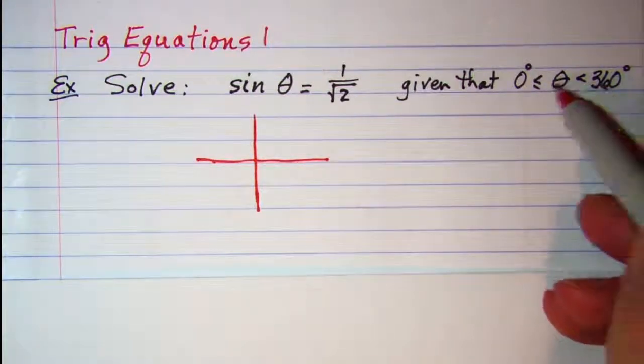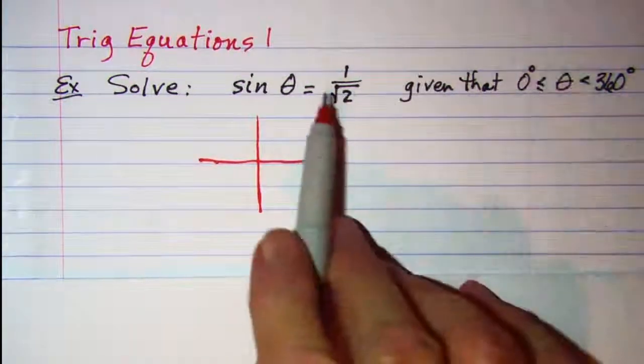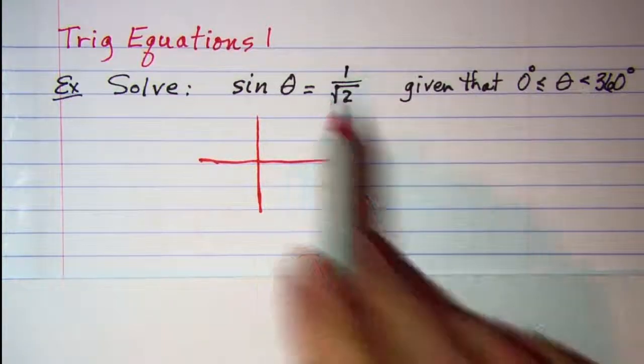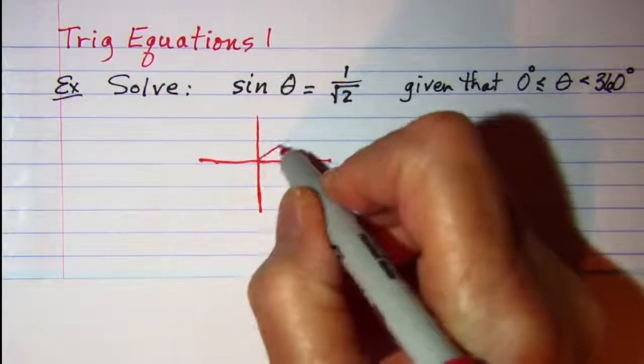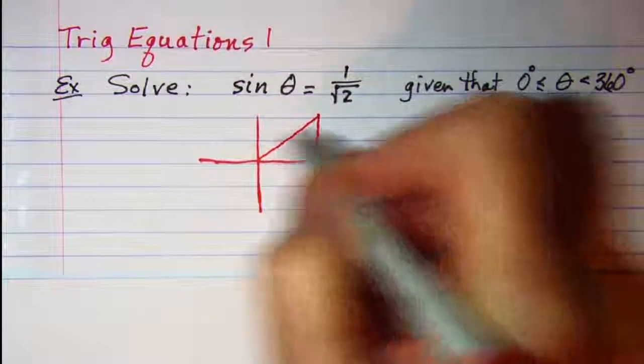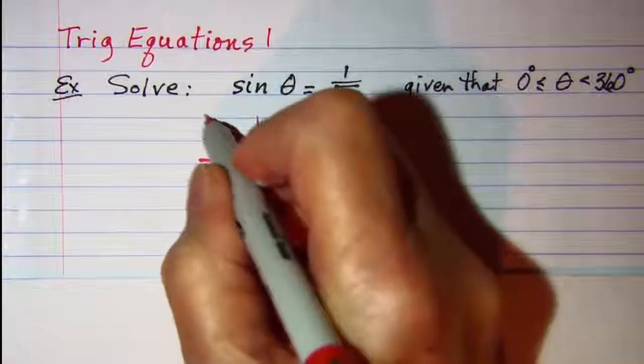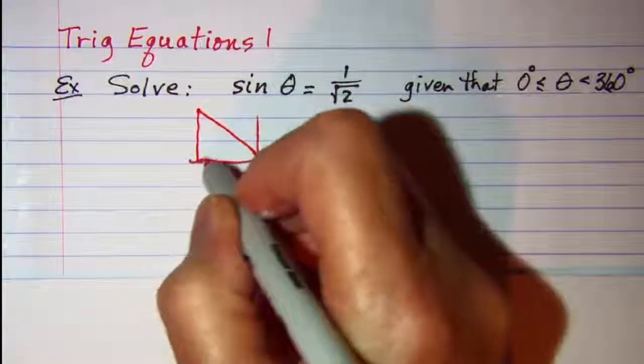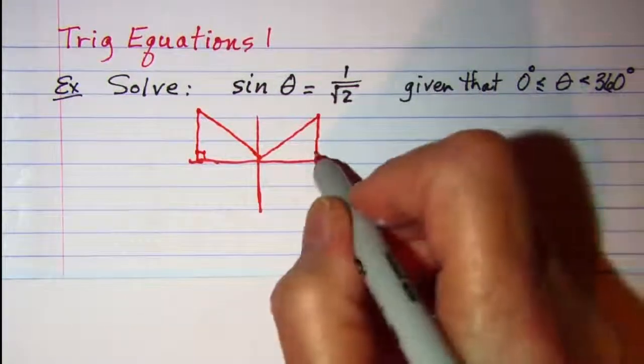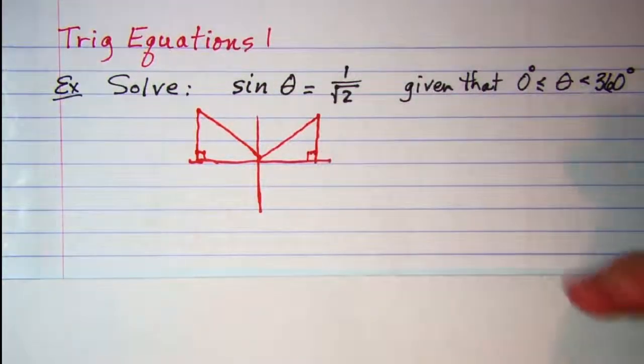Basically, we're talking about one revolution, but our sine function is positive in quadrants 1 and 2. So those are the only two places where I have to draw a reference triangle.